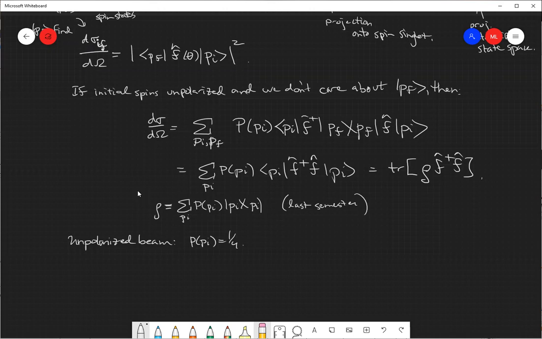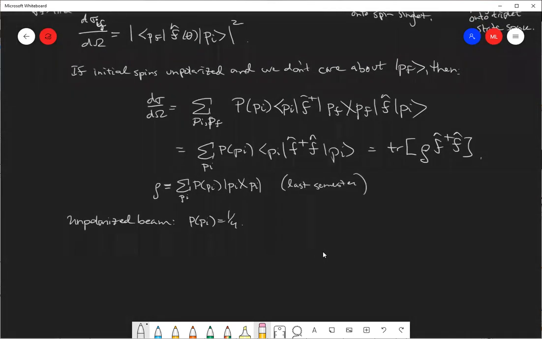The up, up, down, down, up, down, down, up. So we can actually calculate now the unpolarized scattering cross section for two spin 1/2s, or two electrons, because we know everything about it.